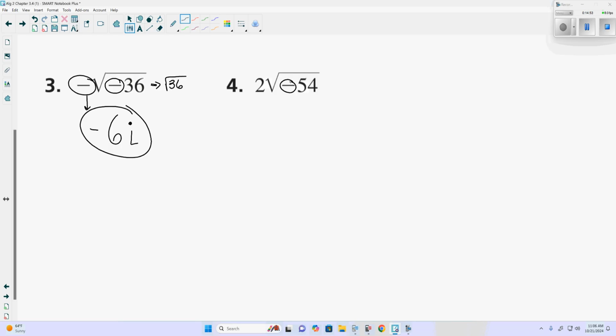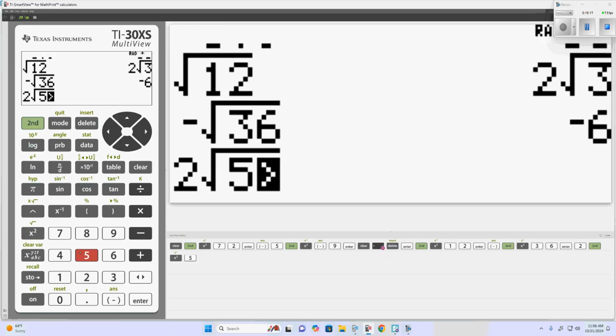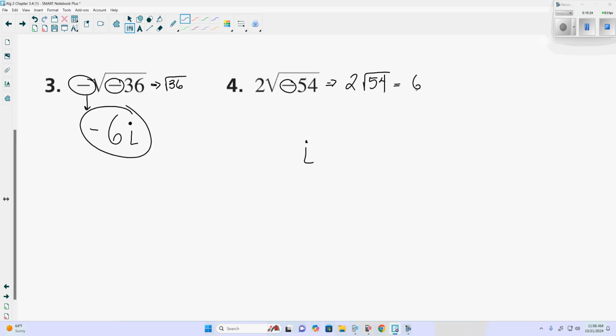Our next one, 2 times the square root of negative 54. The negative would come out as I, so that's part of our answer. And the last thing we have to simplify is our 2 square root of 54. I think there's a good chance the square root of 54 is not going to reduce nicely. We'll still have something left in the radical. Yeah, we can put it in the calculator. 2 square root of 54 is 6 square root of 6.